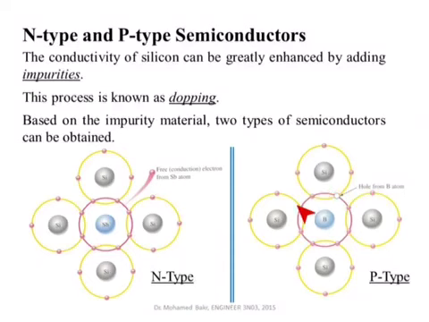So in this material, every boron atom will contribute 1 hole, and as we agreed earlier, this hole is equivalent to a positive charge. So this material, which is rich in holes, we call a P-type material. And you'll see that the interaction between N-type materials and P-type materials is what really creates different types of semiconductor devices, like diodes, like transistors, and so on.